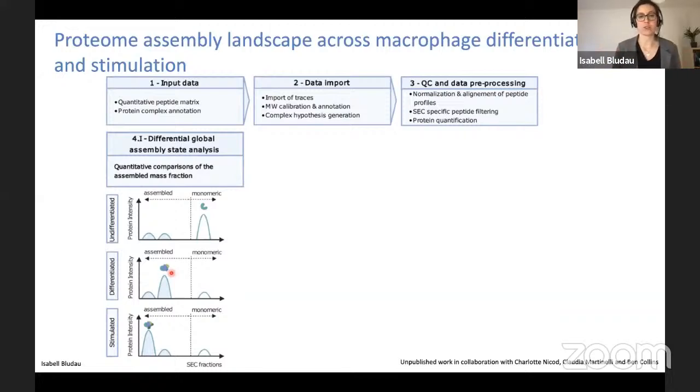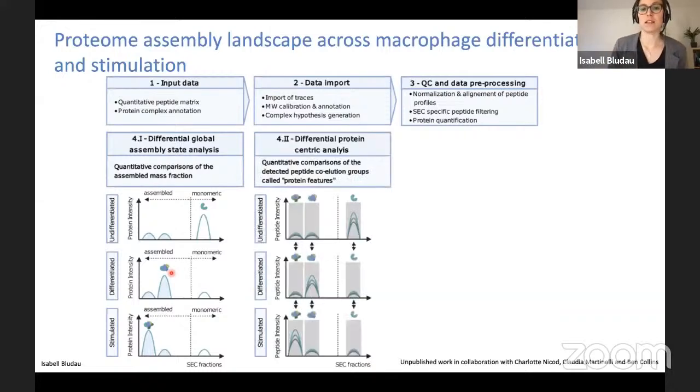SEC range. The second comparison that we can make is we can look at protein peaks without looking at complexes directly. And here we can see that for this protein, we find 3 distinct peaks along the SEC dimension. For each of these peaks, we can do a separate comparison to see if, in this case, the monomeric protein abundance decreased during differentiation, which would be the case here.